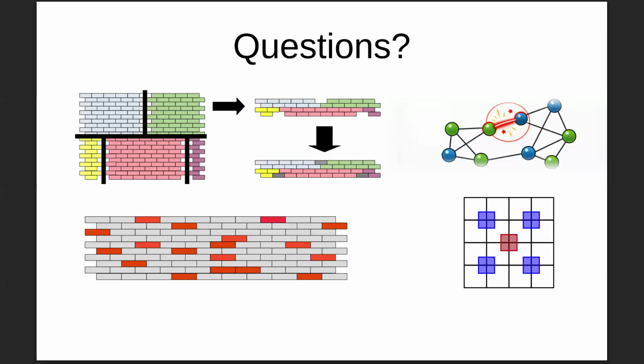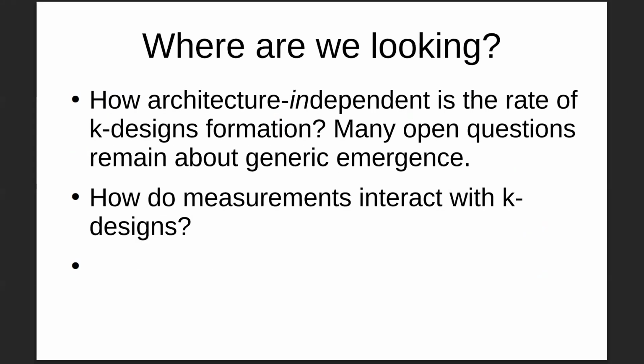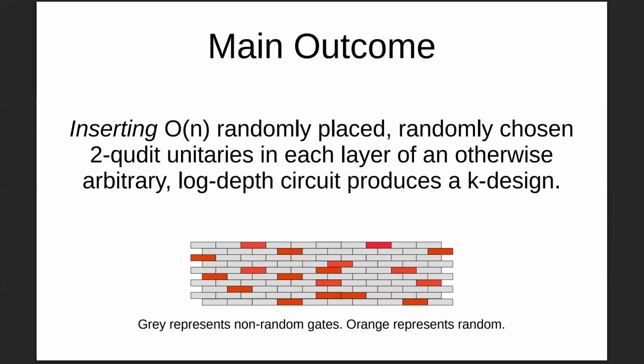Yeah. I have a question about the later part where you have this orange. Oh yeah. Okay. So what are the gray gates again? In this case, what I'm imagining is that the gray gates are actually something pretty arbitrary. I said non-random in this picture. I think the original picture I had in mind was, say you take something like Shor's algorithm on a quantum computer, and that has a relatively fixed architecture in terms of gates.